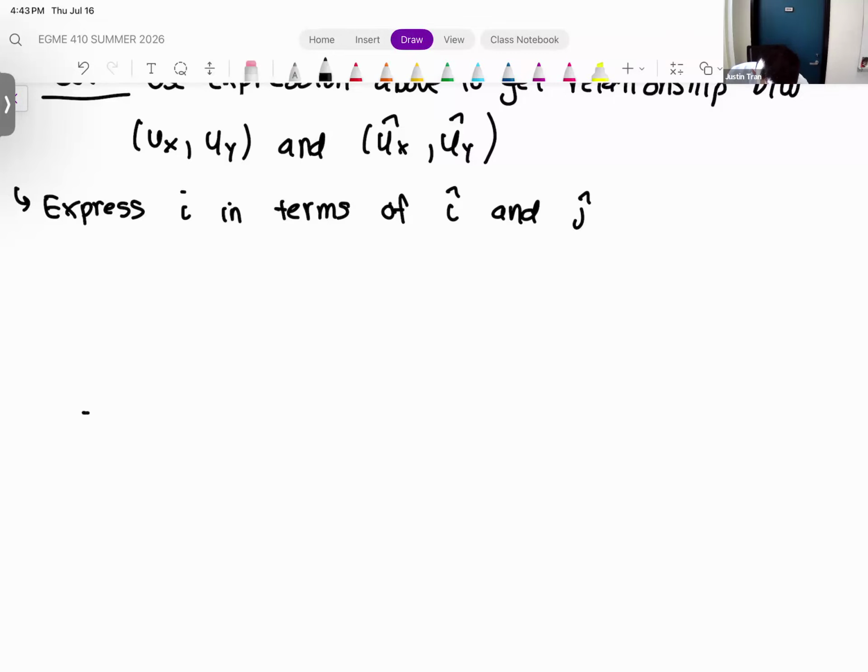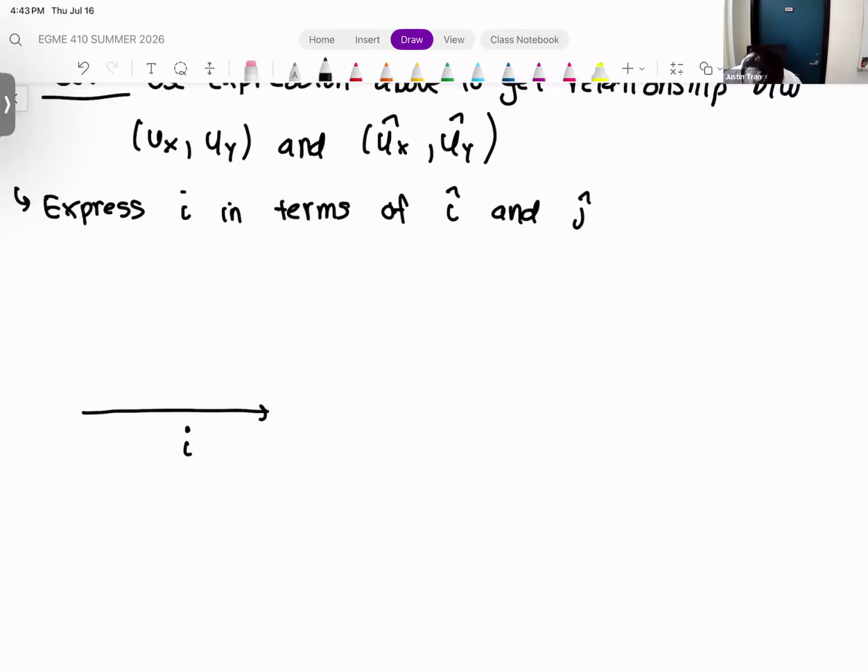So let's draw i. Remember, i is a vector that goes in the stationary x direction, so it's going to be perfectly horizontal. Then we're going to express the components of i in terms of the local coordinate systems.